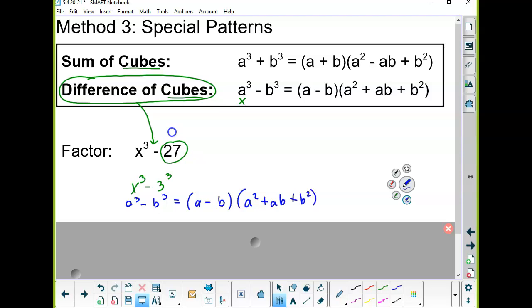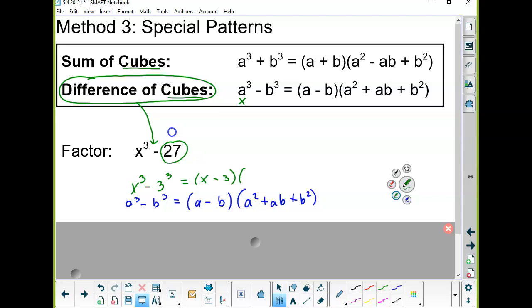It's just, you need to have it in your notes so you can access it. So what is it? If I want to take x minus 3, that's the a and the b, all I'm going to do is plug in wherever there's an a, I'm going to plug in x. And then all the signs follow as is. So this isn't a negative 3, b is 3 here. So I'm going to have x minus 3.